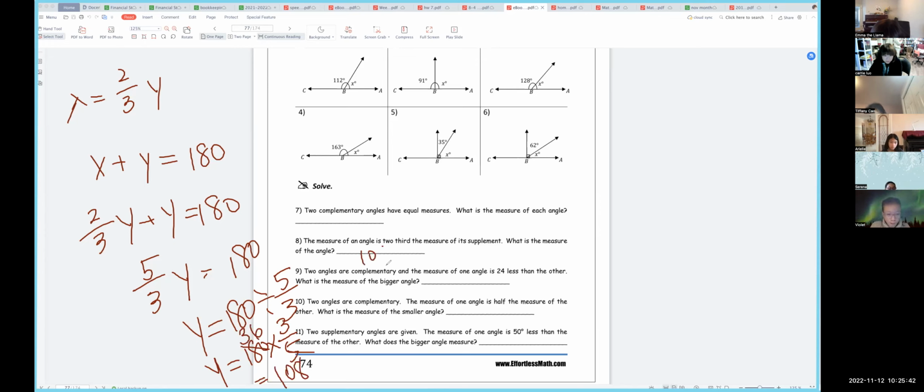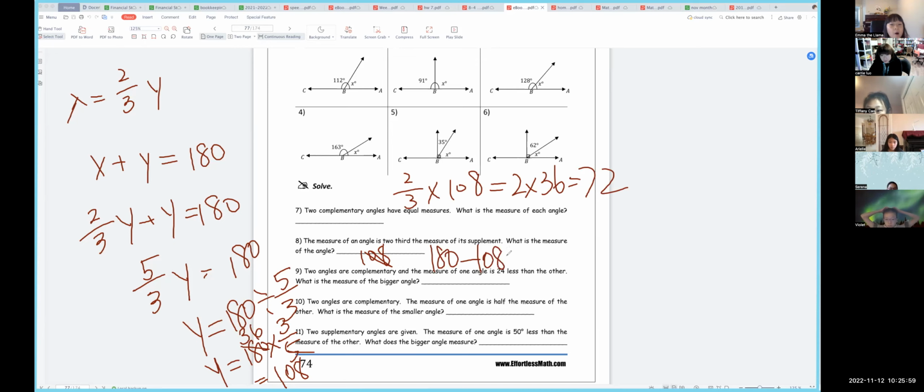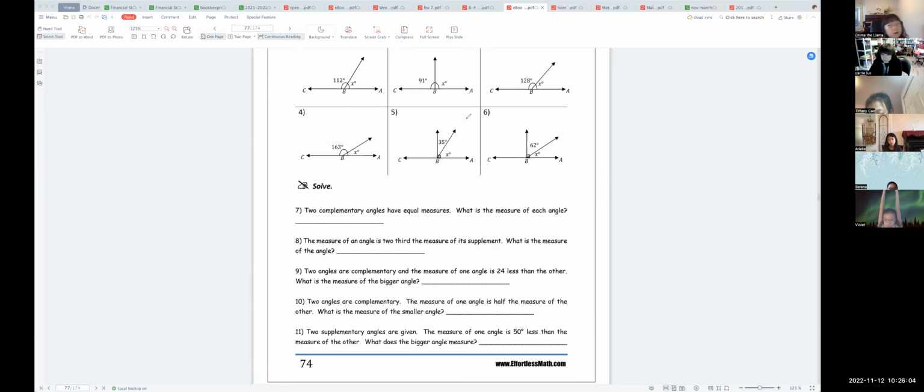So it's 108. Yeah, it's y, but what is x? X equals 2/3 times 108. So equals 2 times 36 equals 72. Or you can do what? 180 minus 108 equals 72. Get it, everybody?